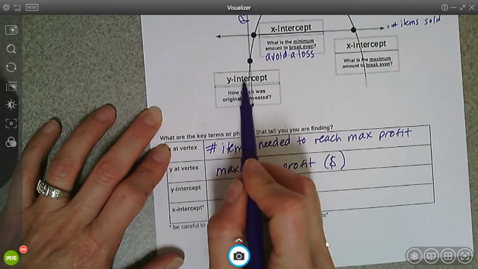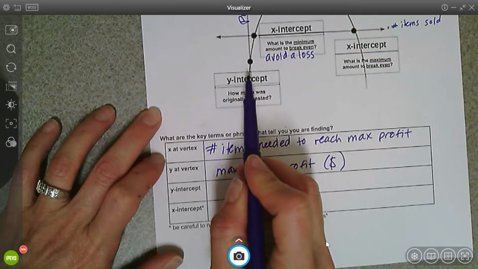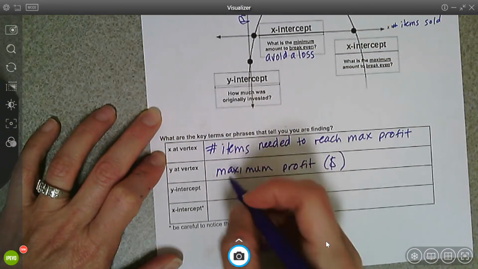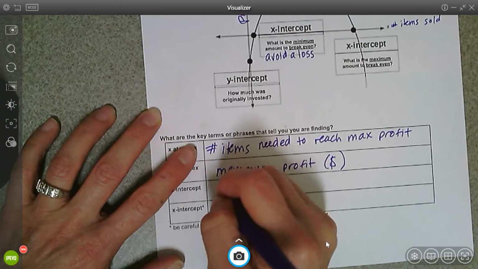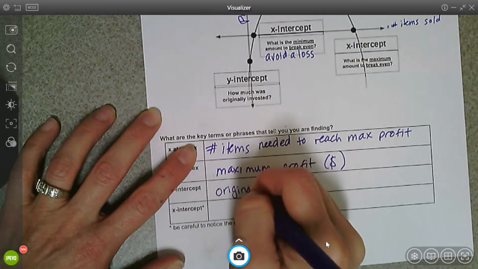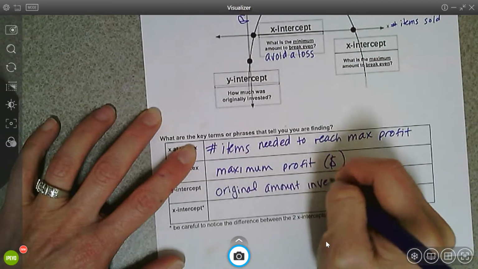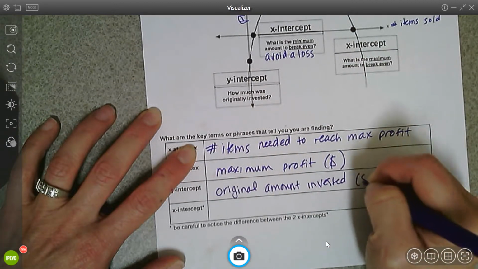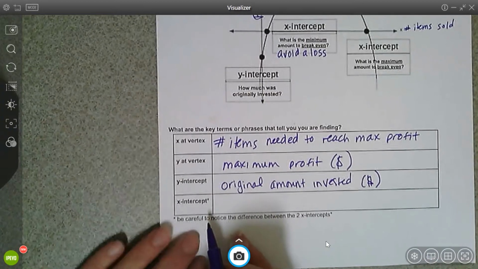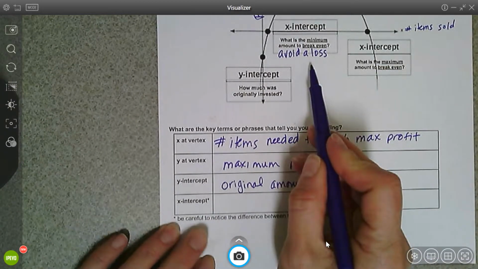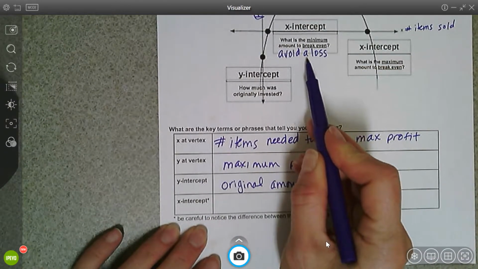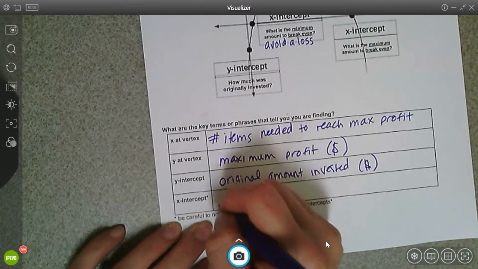The y-intercept, which is right there, is how much money you originally invested. So it's the original amount invested. So that's money. And finally, your x-intercept. So the first one is the minimum amount to break even, or it'll tell you how many you need to sell to avoid a loss.